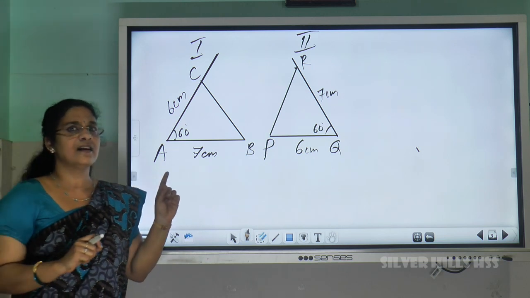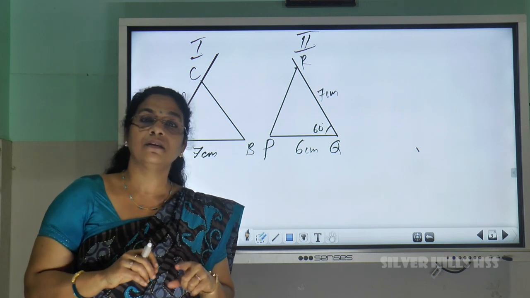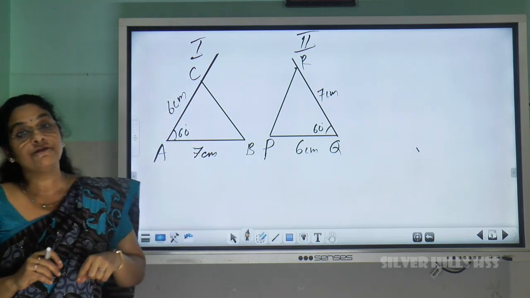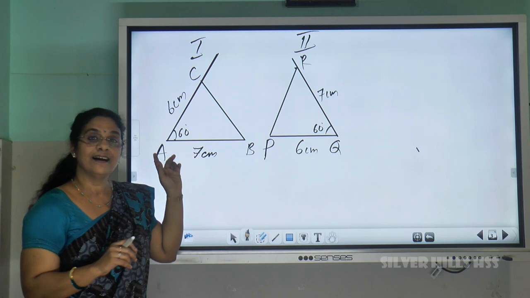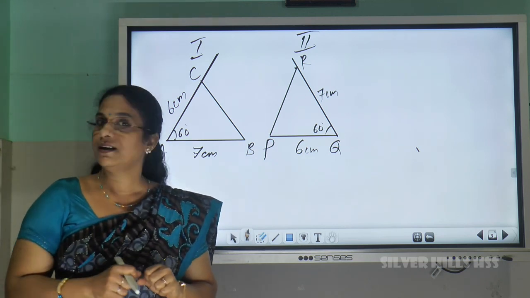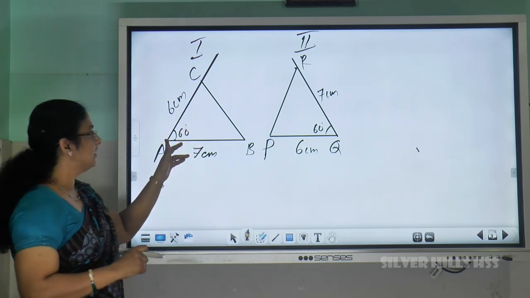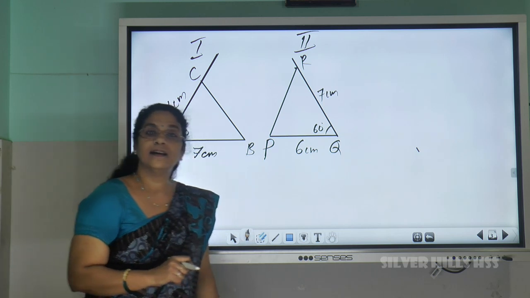In 7th standard, in the chapter on drawing triangles, we studied that if two sides and the included angle are given, then we can draw a triangle. Here also two sides and included angle are given.